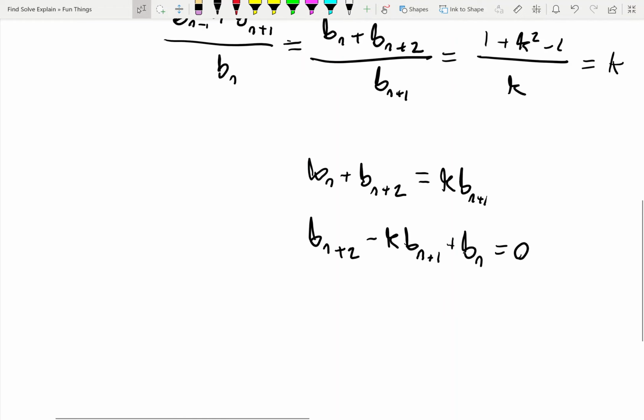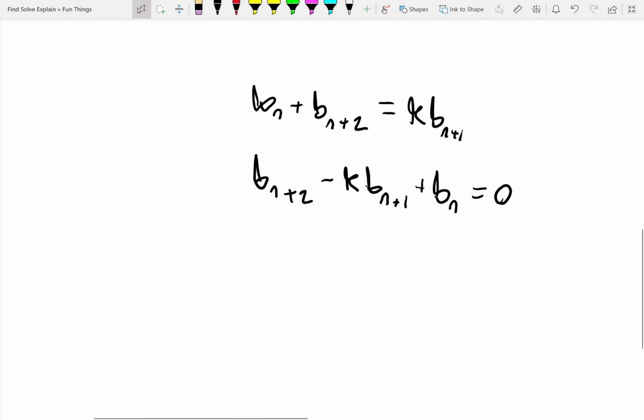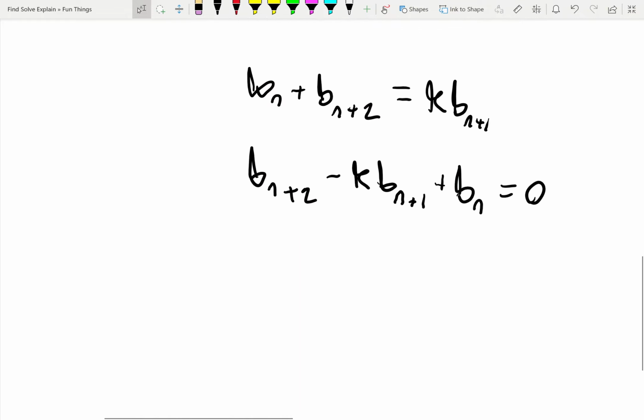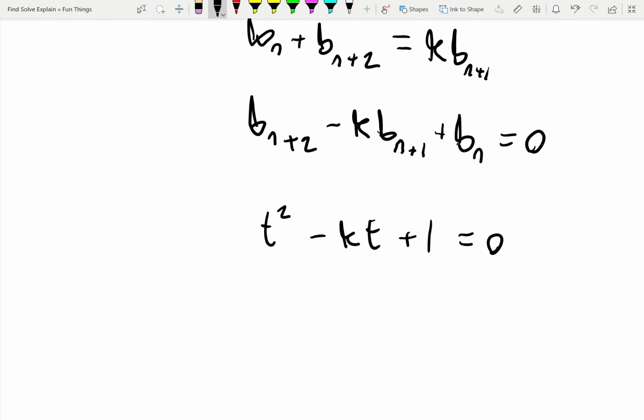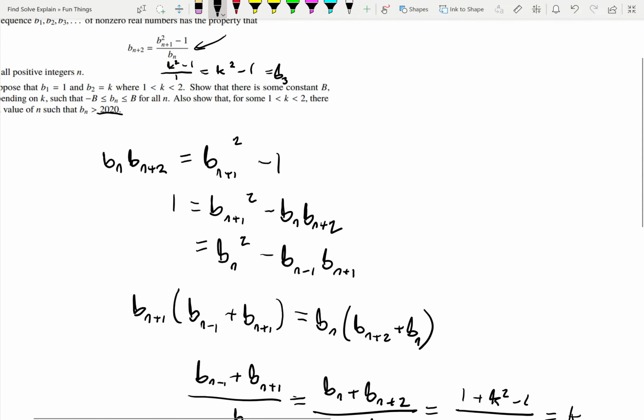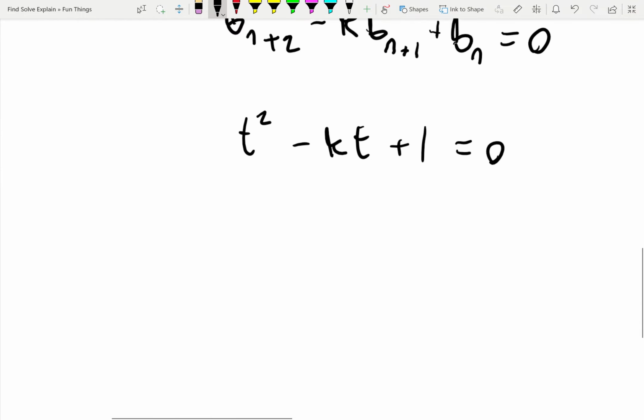This is a recurrence relation of order 2. Now, by taking a look at its characteristic polynomial, I'll call the solutions t. The solutions will be of the form of these to the n times some other constants determined by the initial conditions.